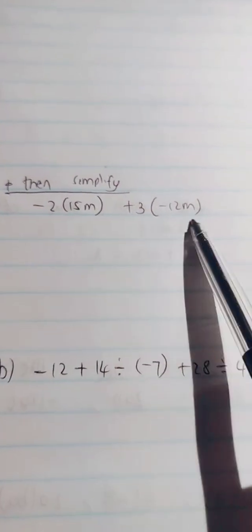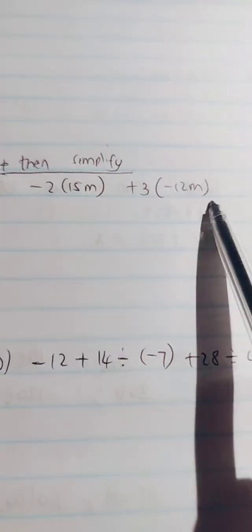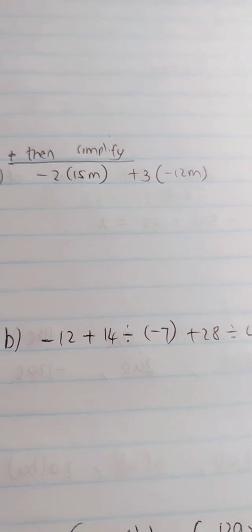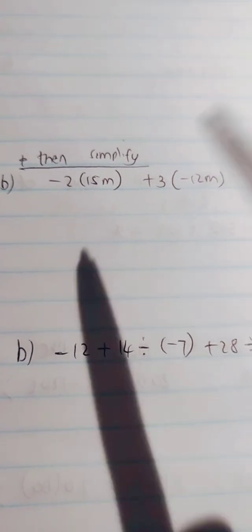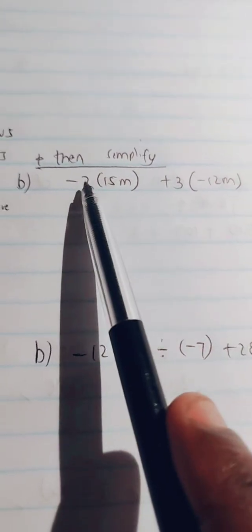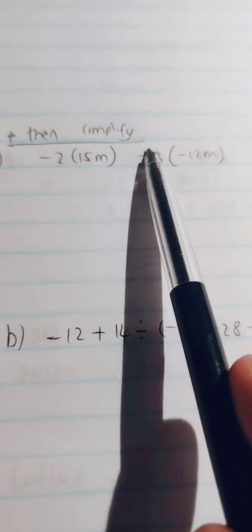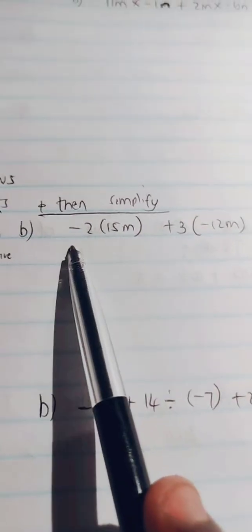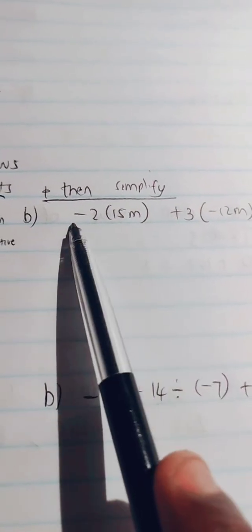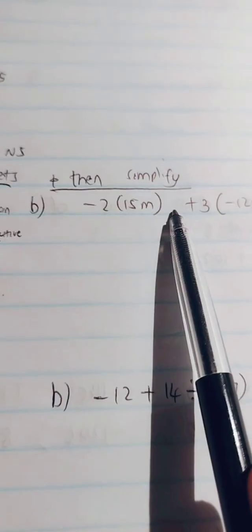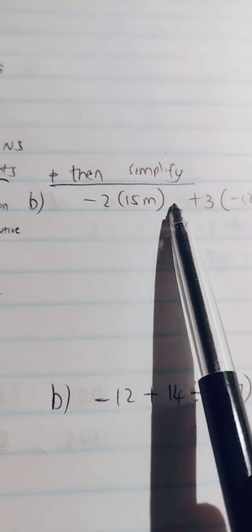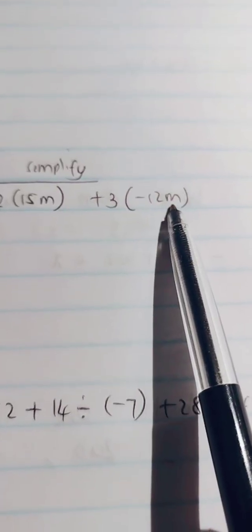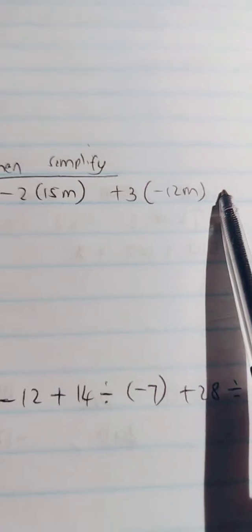So now we ask ourselves, how many terms do we have in this expression? There is 1, then there's a plus sign which separates 2. Negative 2 and 15m in brackets, we regard that as one term, because when things are multiplied, they become 1. 3 and negative 12m in brackets, we regard this as one term.